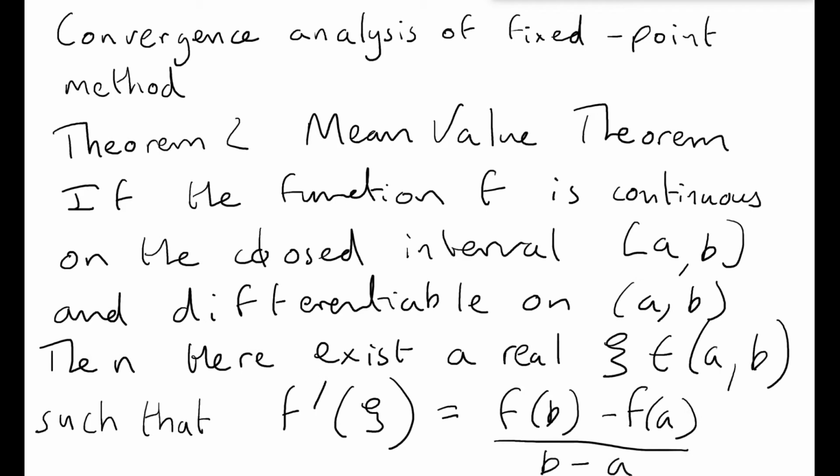So what we're saying is that if you have an interval a to b, the derivative somewhere in the domain is going to be equal to that constructed by using the values of the function either side. It's plausible.